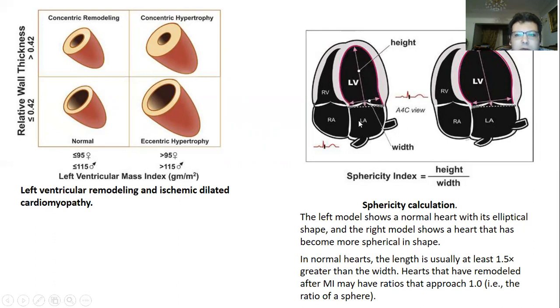Normally, the height divided by the width of this index is usually 1.5, and in a markedly remodeled heart after myocardial infarction, this ratio may decrease to approach 1. The more the left ventricle becomes spherical in shape, the more extensive the remodeling.